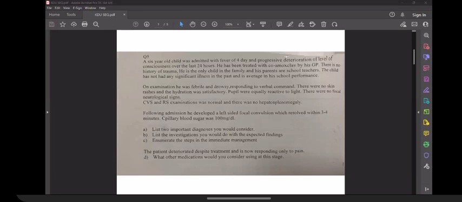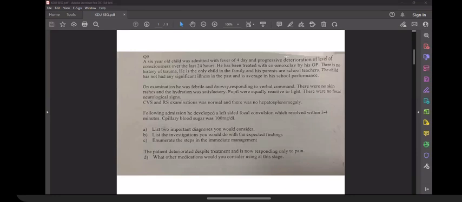Madam, what about cerebral abscesses? Cerebral abscess, I probably would have given half marks. If there were 10 marks allocated, you may have got 5 marks because you are worried about focal lesions.